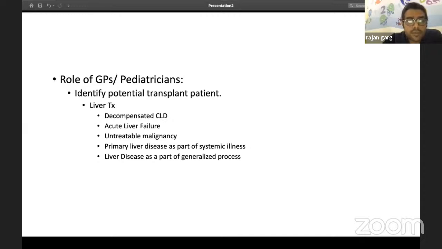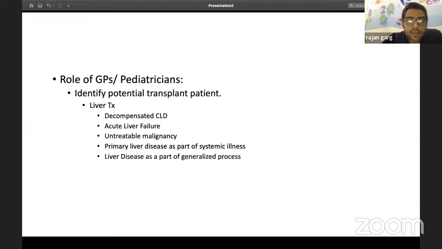Along with the above findings I mentioned, a patient who has developed cirrhosis on ultrasound, or signs of portal hypertension, or any signs of hematemesis or melena. These are the suspicious signs where a clinician can think, okay, this patient might be going into a chronic liver disease kind of picture.